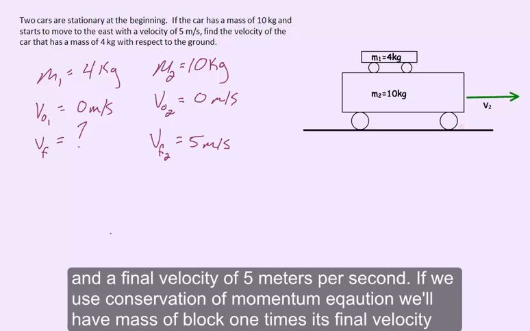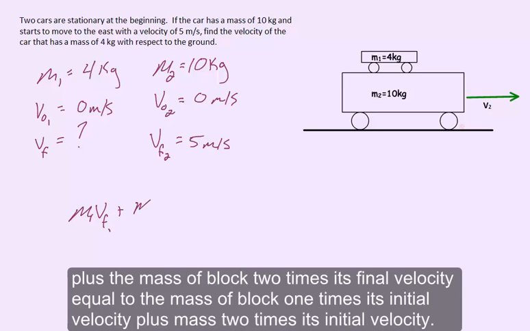If we use the conservation of momentum equation, we'll have the mass of block 1 times its final velocity plus the mass of block 2 times its final velocity equal to the mass of block 1 times its initial velocity plus mass 2 times its initial velocity.